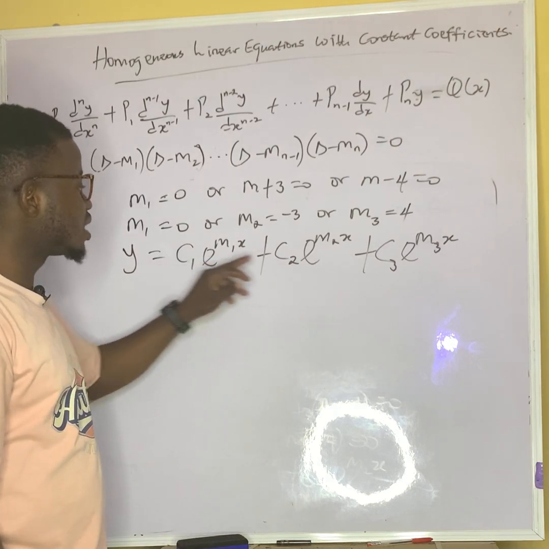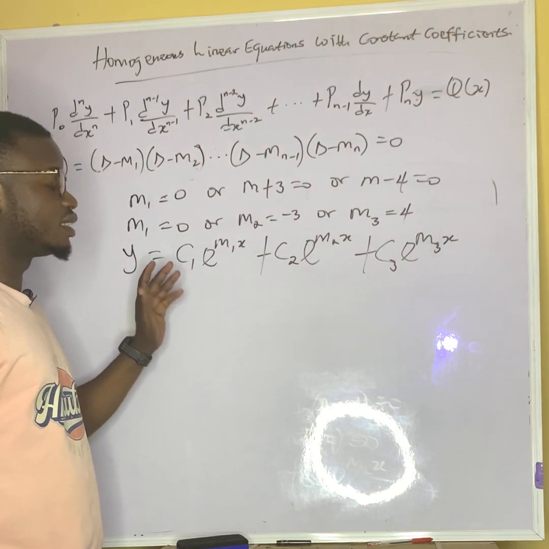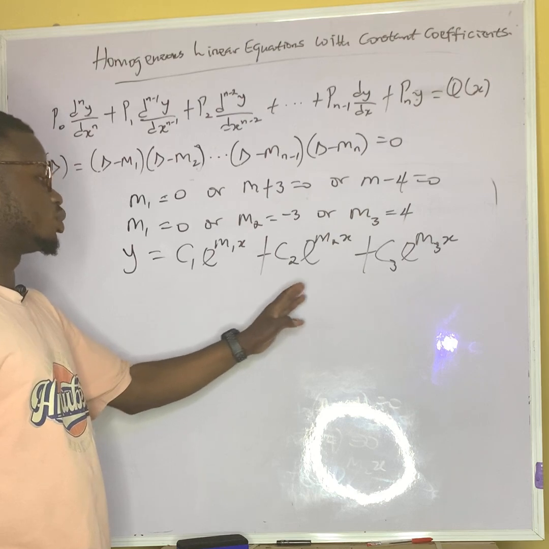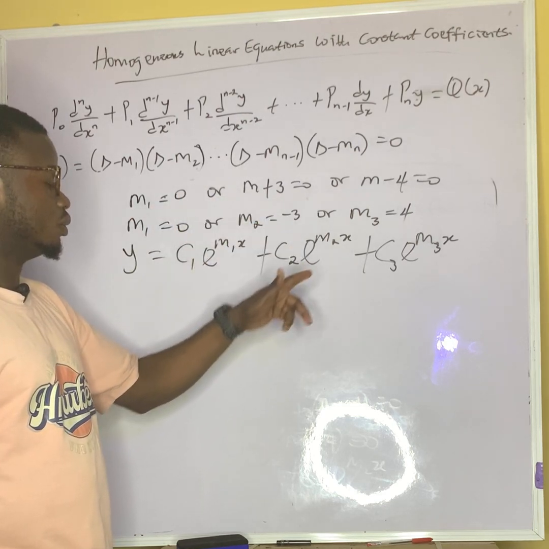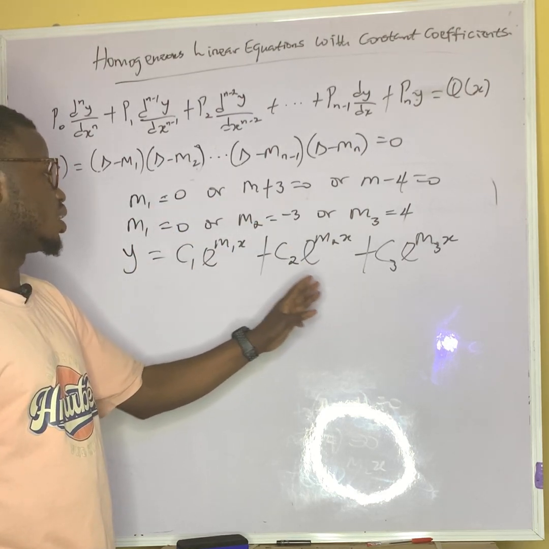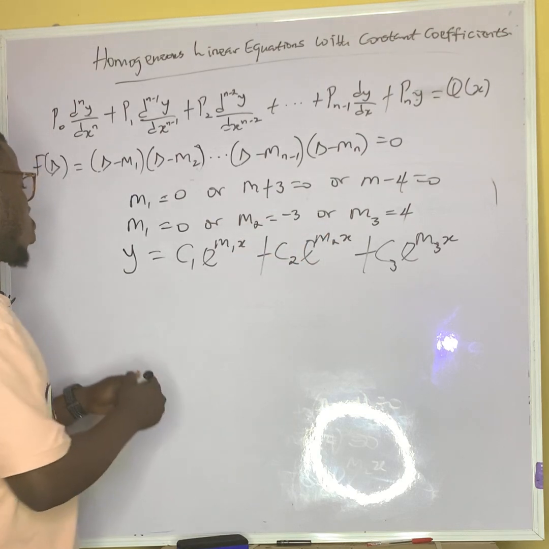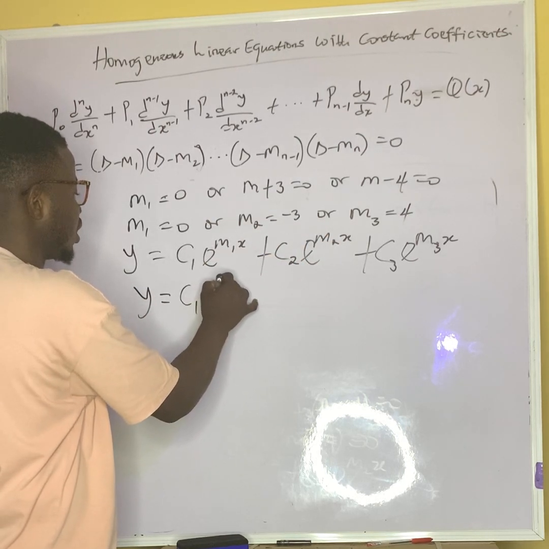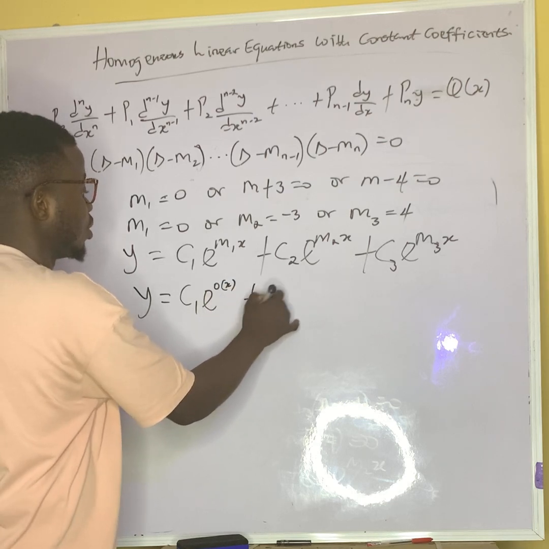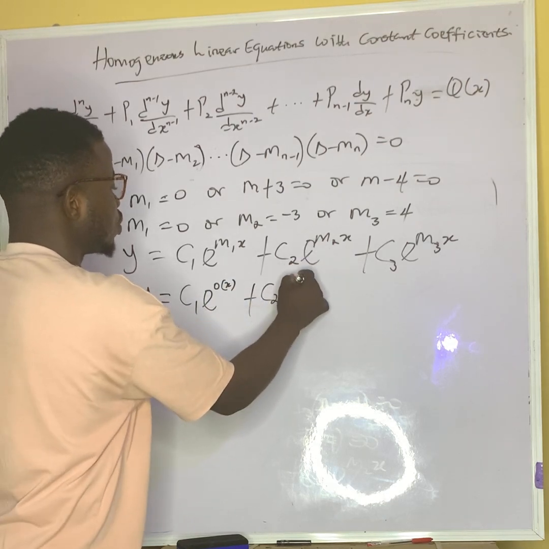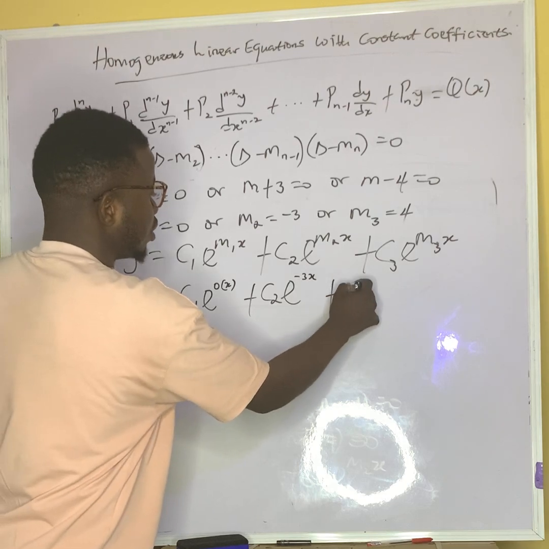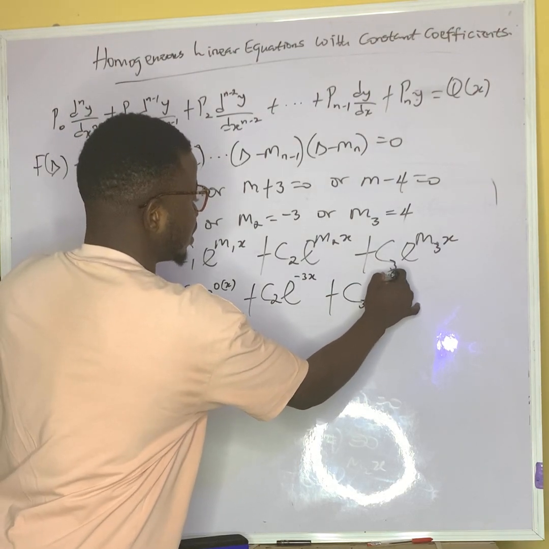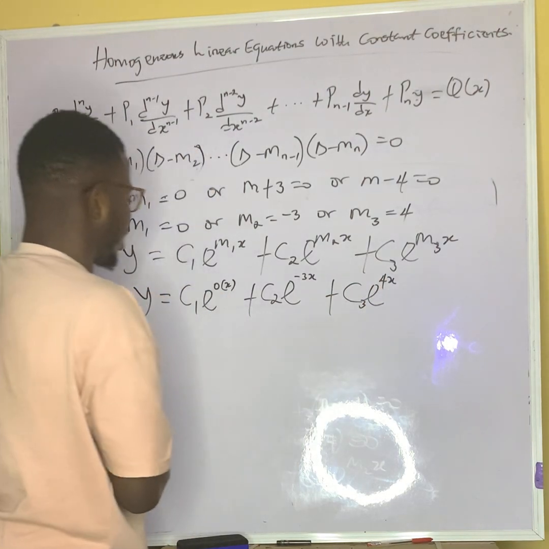So from here, all these c1, c2, and c3 are the essential arbitrary constants that we have there. Since we have three roots, we need c1, c2, c3, then m1, m2, m3. So I need to substitute the value of m1, which is 0, times x, plus here we have c2 exponential m2, which is negative 3x, plus c3 exponential, this one is 4, then we put x at the back.